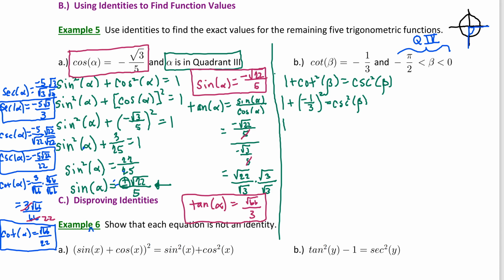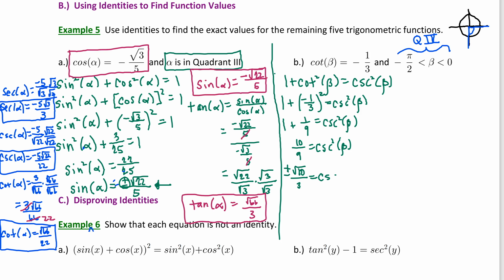So simplifying here, we can solve for cosecant of beta. 9 over 9 plus 1 over 9 gives me 10 over 9. Then we can take the square root of both sides to obtain plus or minus square root of 10. The square root of 9 in the bottom simplifies to 3.